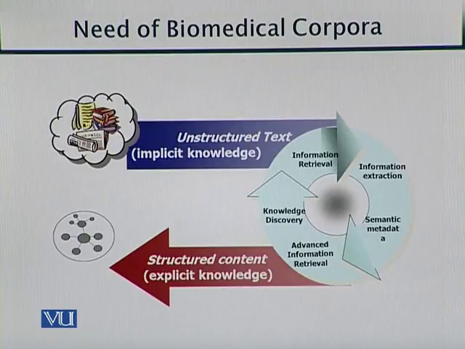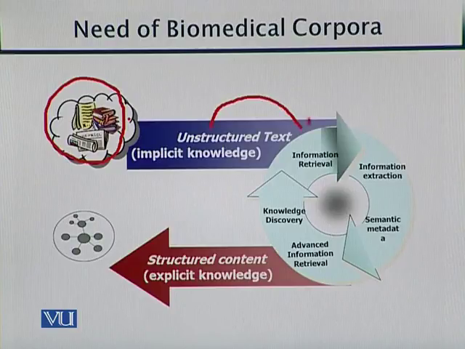Here I have given an example of 2 things which are basically unstructured data. This is unstructured data, and this is input to any information extraction or information retrieval engine. So this unstructured text, basically implicit knowledge, which is in the mind of users, comes into the information retrieval system.